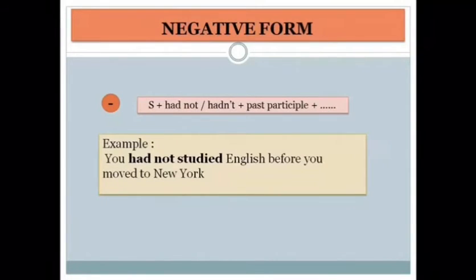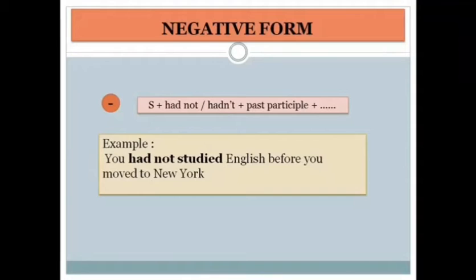Making a negative sentence is simple. We only change had into had not or hadn't. So subject plus had not or hadn't plus past participle. Example: you had not or you hadn't studied English before you moved to New York.